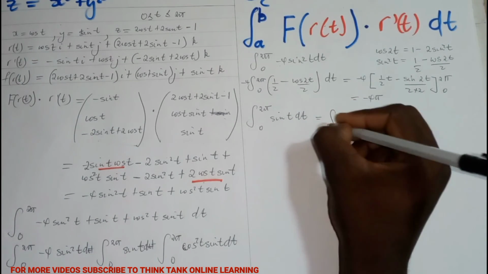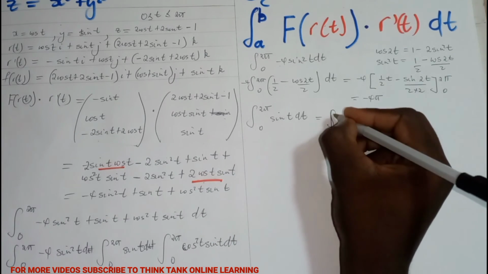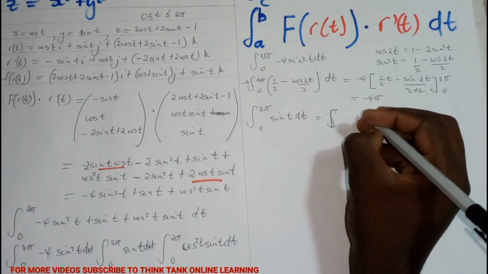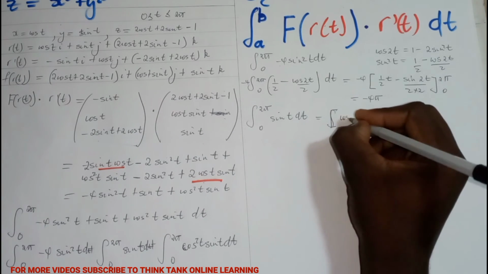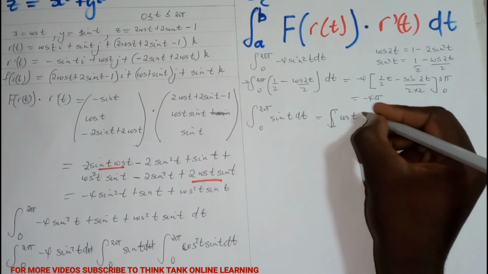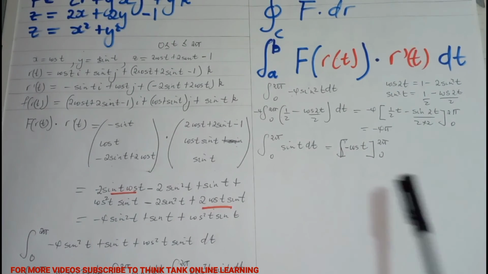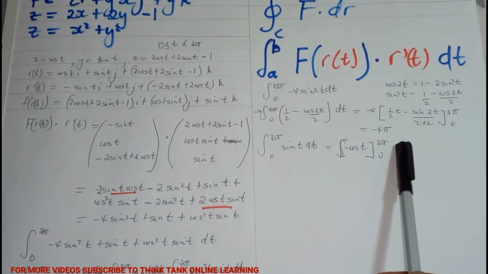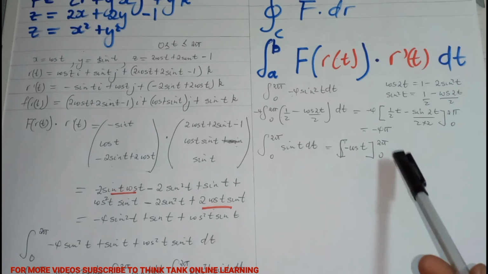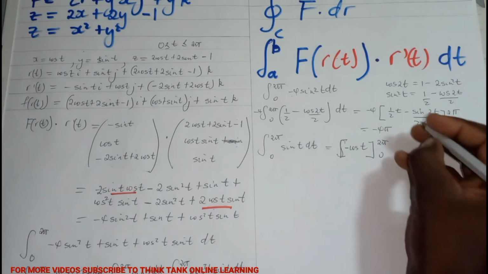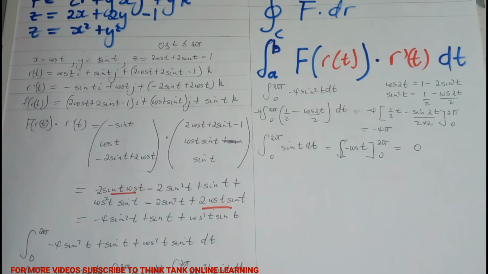If we integrate sine t, we get negative cos t. Upper bound minus lower bound: cos 2 pi is 1, cos 0 is also 1. So this is going to be 0.